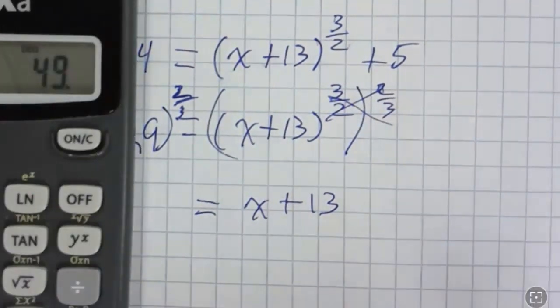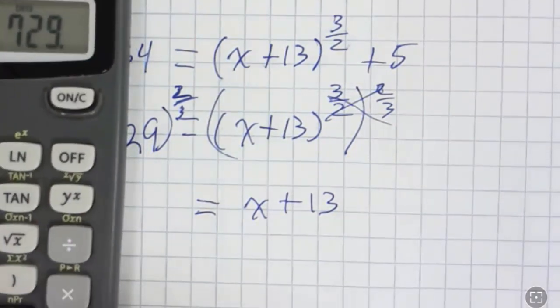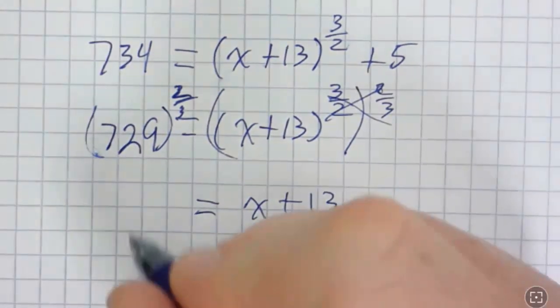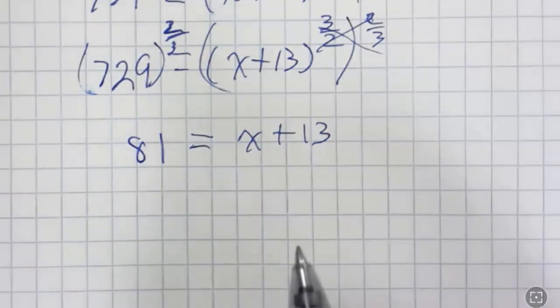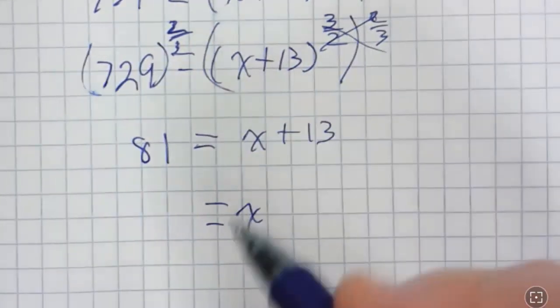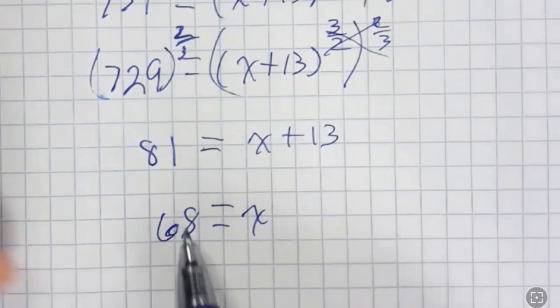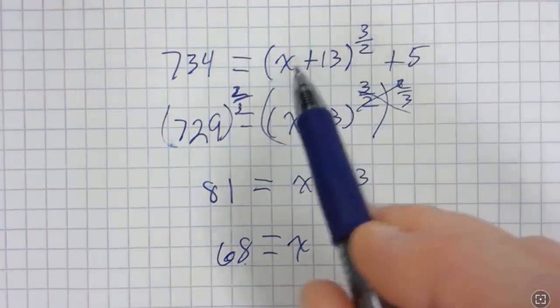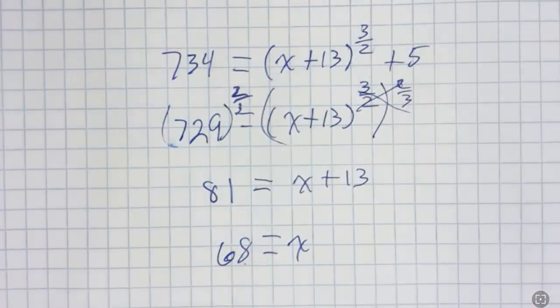And on the other side, we're going to do 729 raised to the 2/3 power, and we get 81. So we have 81 is equal to x plus 13, and all we have to do now is subtract 13 from both sides, and we can see that x equals 68. Now what you should do is always take your answers, go back to your original problem, substitute them in, and make sure that the right-hand side does actually equal 734.